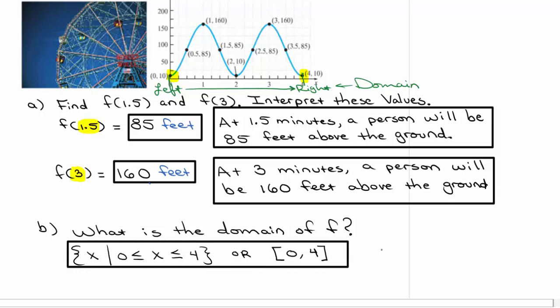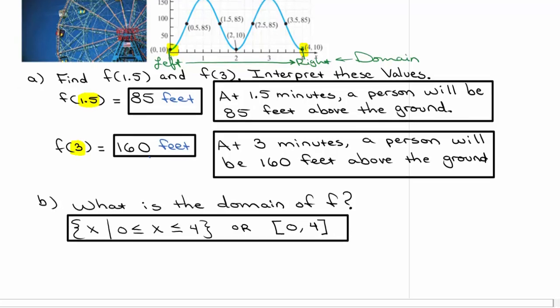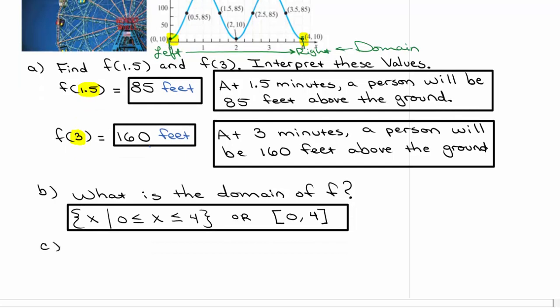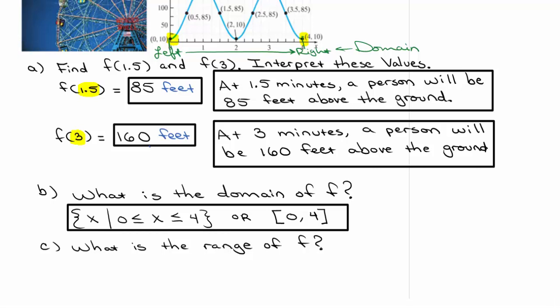Next question, what is the range? Let's call this C. So in order to find the range, now instead of looking from left to right, I need to train my eyes to look from down up, down to the lowest value for y, up to the highest value for y.